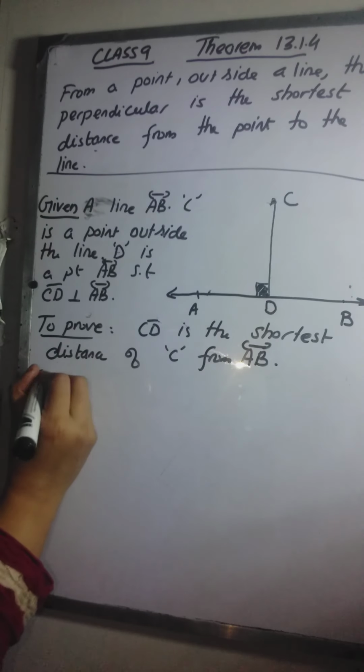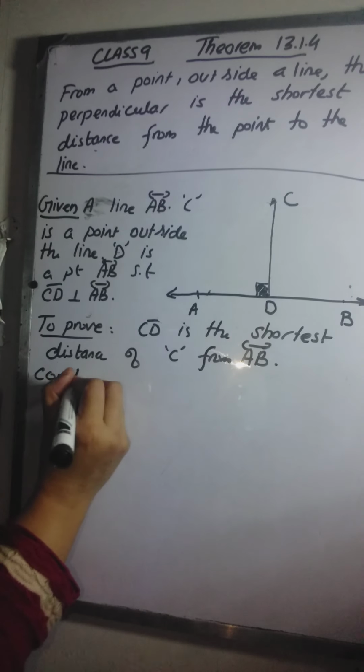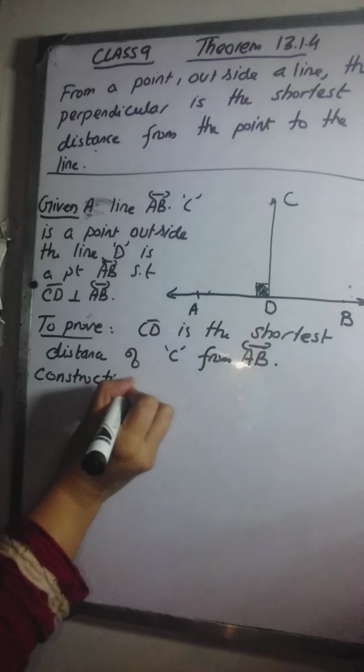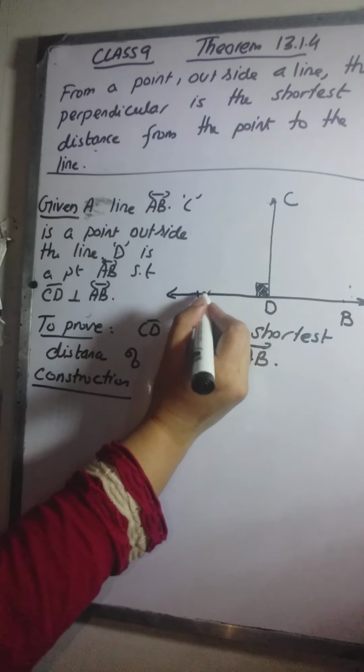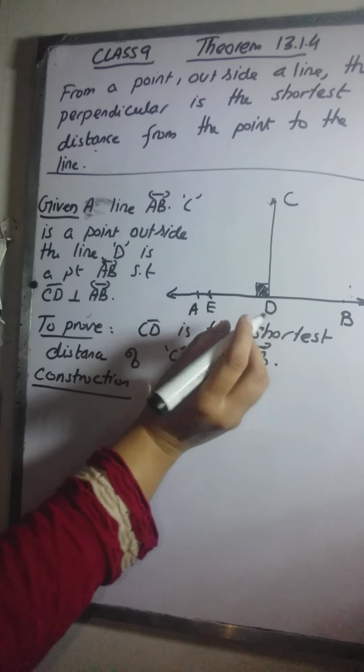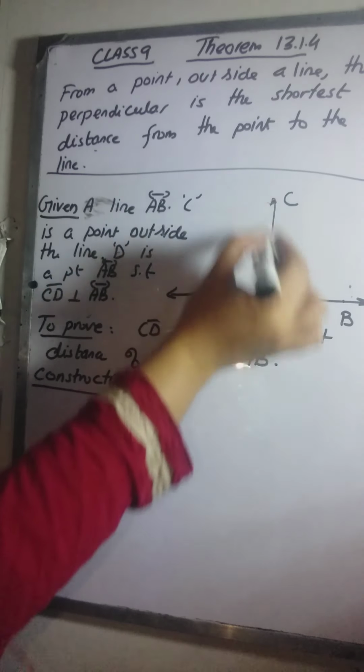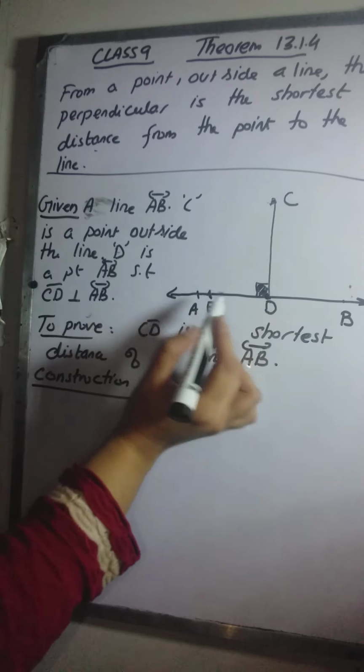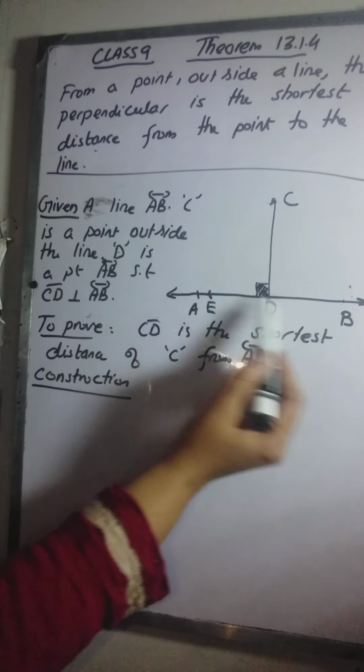In the construction, what we are going to do is take another point on AB. Let E be any other point other than D. This is not the D point. We will take any point E on AB.